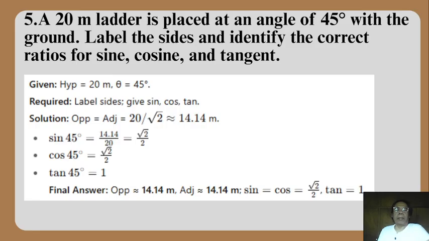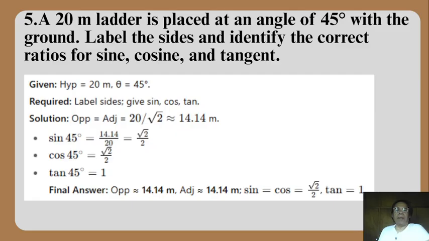Number 5. A 20-meter ladder is placed at an angle of 45 degrees with the ground. Label the sides and identify the correct ratios for sine, cosine, and tangent.